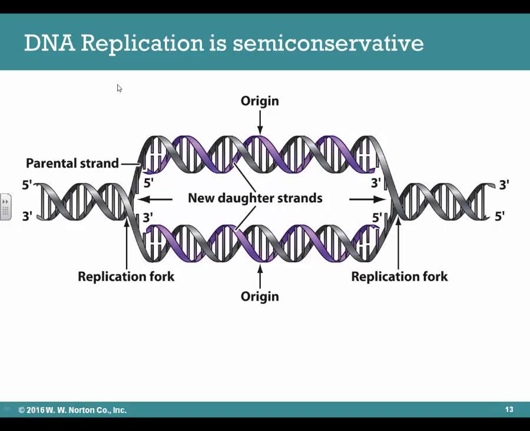And this diagram also shows that the process is starting at the origin of replication. And this would require two separate DNA polymerase enzymes to be moving in separate directions along this DNA. But they're always polymerizing in the 5' to 3' direction, whether they're going off to the right or to the left.